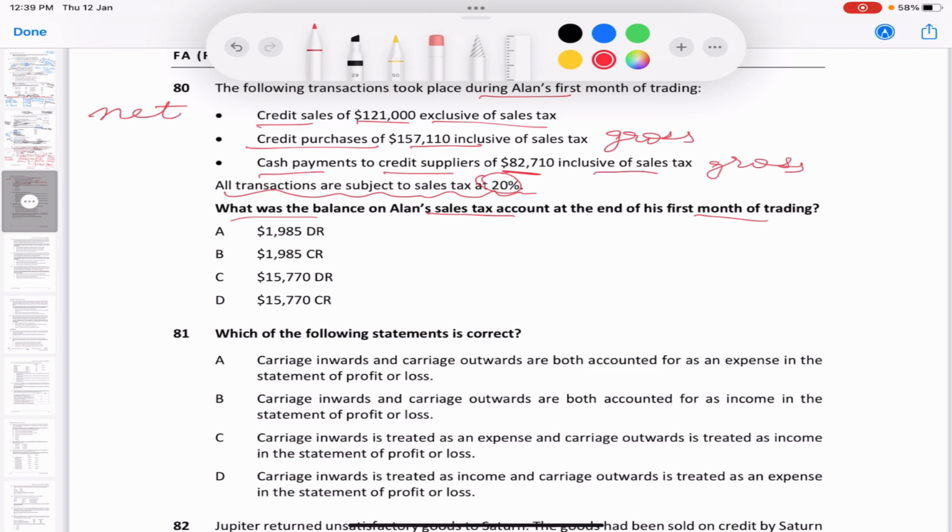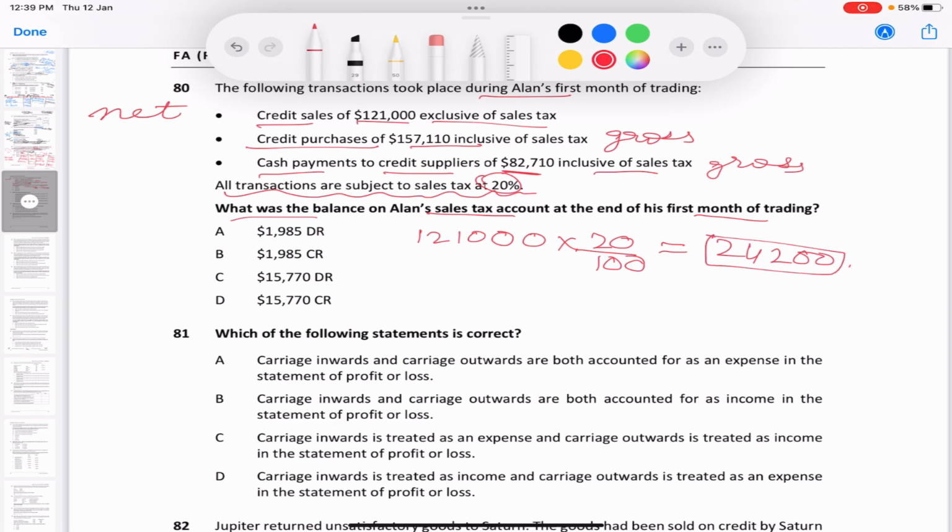Okay. So first of all, let us start solving this systematically. Credit sales of 121,000 exclusive of sales tax. So what will my tax be in that case? $24,200.